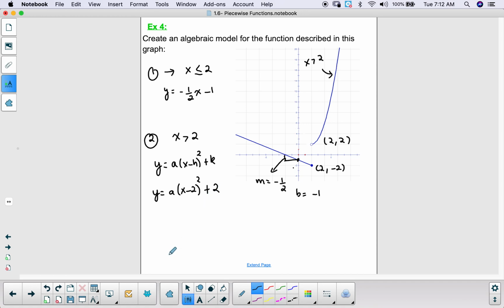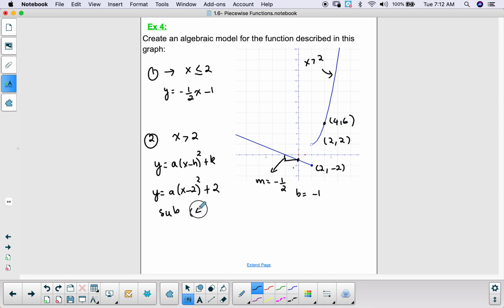And to find the a value, we can substitute a point on this curve. Let's substitute another point, let's say at x equals 4. The y value is 6, so we have a point here, (4, 6).